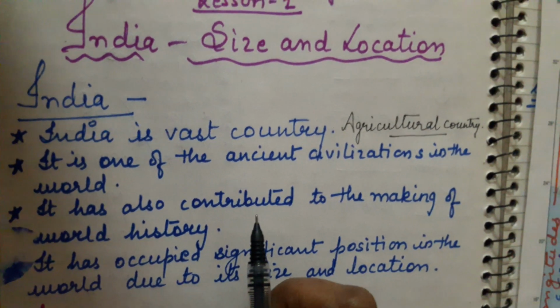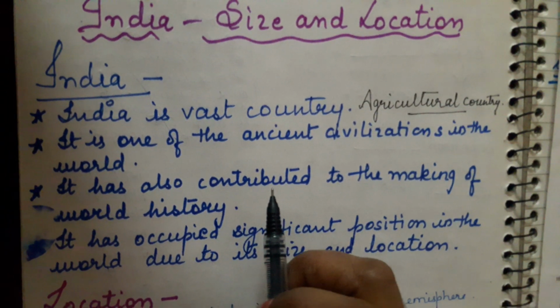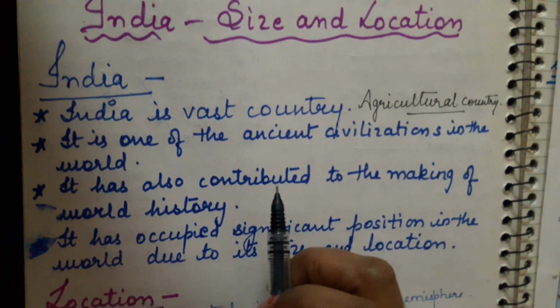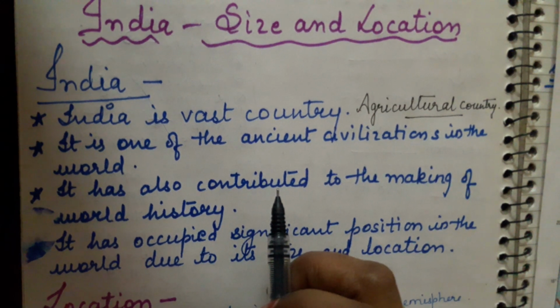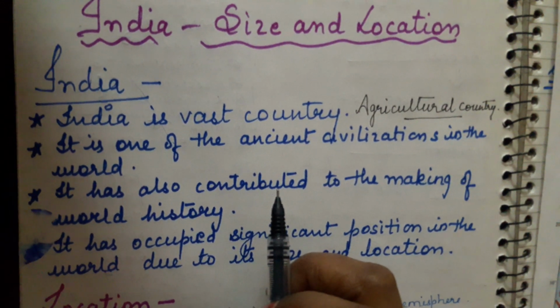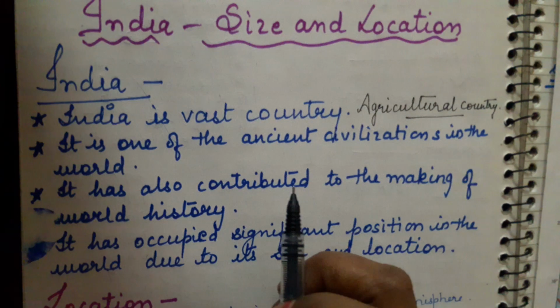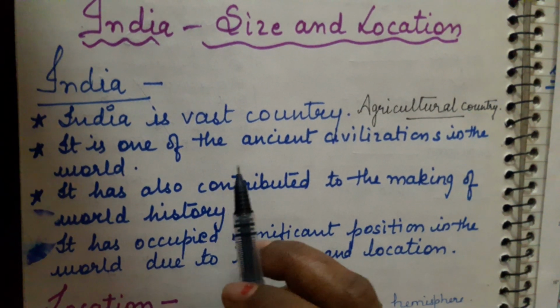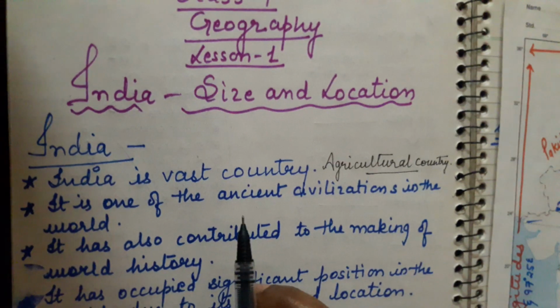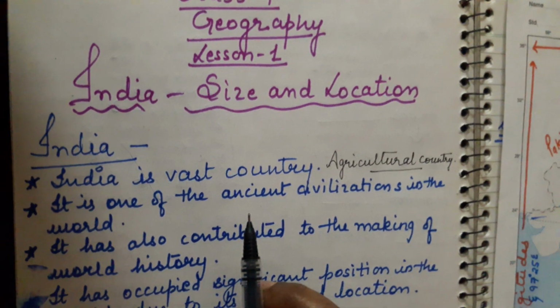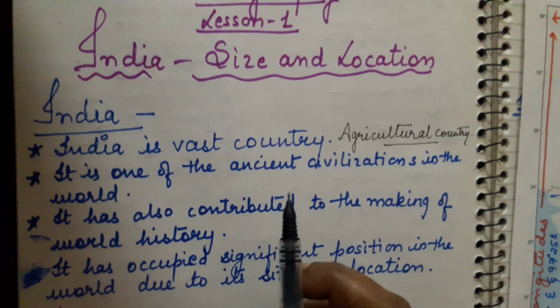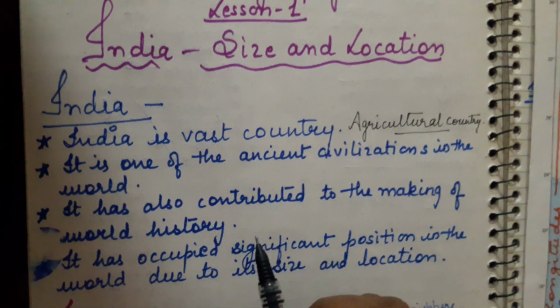As for the other civilizations you know about, like the Mesopotamian civilization, Chinese civilization, and Egyptian civilization, all these are the ancient civilizations of the world, and in India, the Indian civilization, that is known as the Indus Valley civilization, is also an ancient civilization of the world.